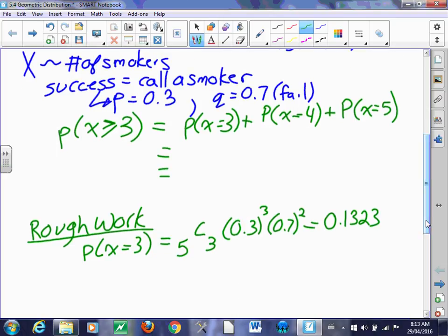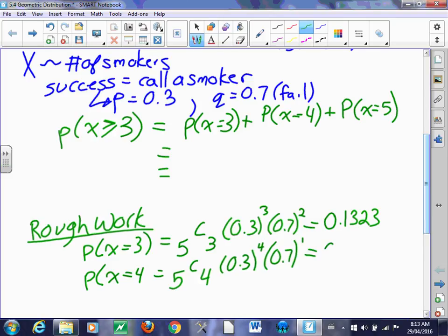Now let's do another scenario that we need, probability when X equals 4. So out of the 5 calls, we choose 4 of them to be smokers. So that's 0.3 raised to the exponent 4, and 0.7 raised to the exponent 1. Okay, 0.0284.